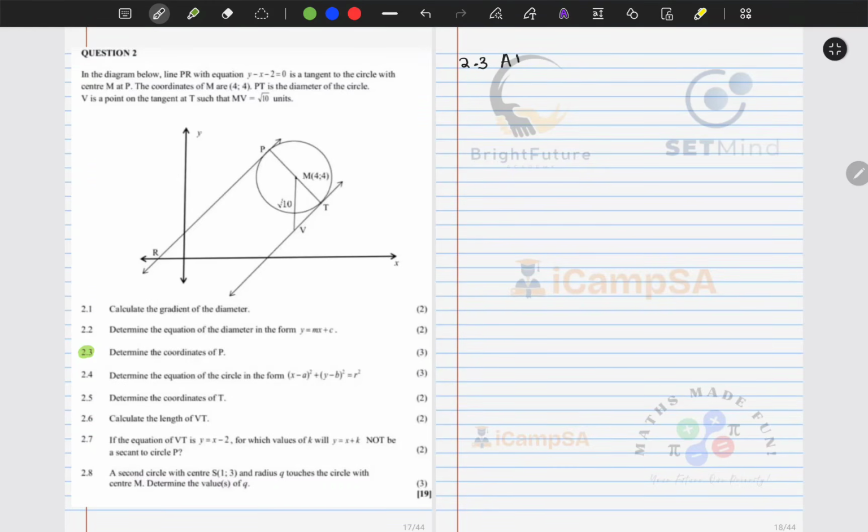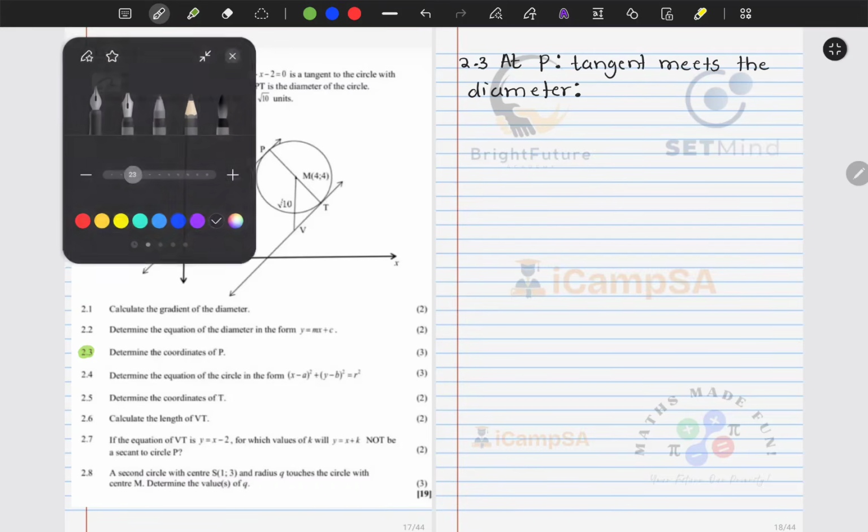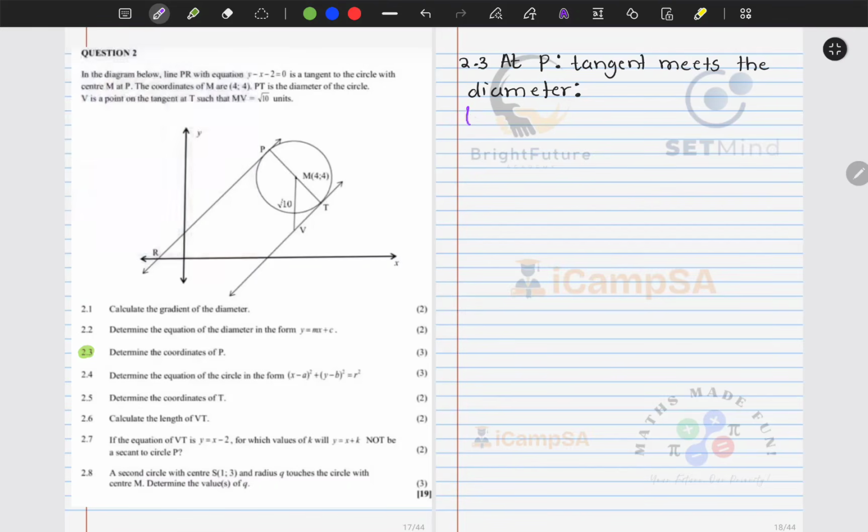So you should be able to see that at P, this is where our tangent meets, if you observe carefully, the diameter. So this means that our two equations must be equal. If you remember our tangent equation, we found it to be y equals x plus 2.